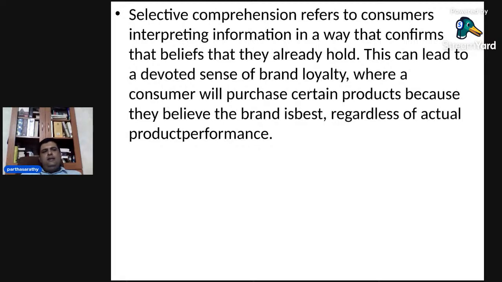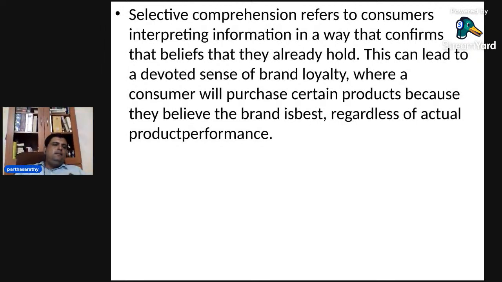That is why branding is a very important concept. Today we identify products and services through the brand. So brands have such an important role to play. For example, Samsung, Apple, Reliance brand, Tata brand.